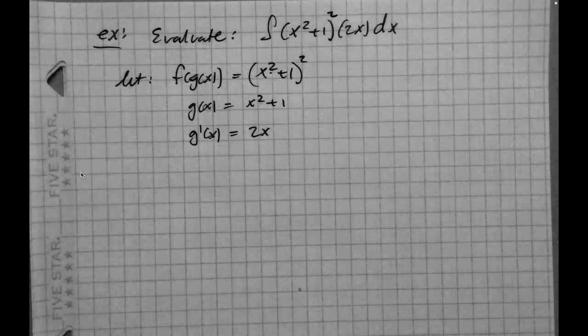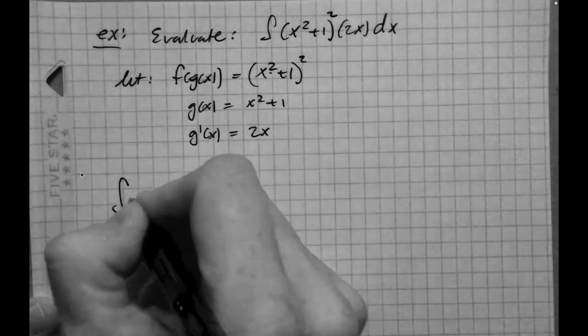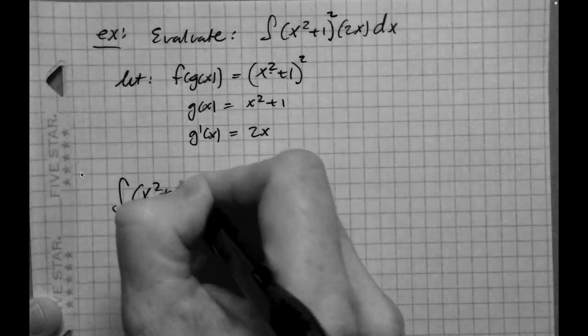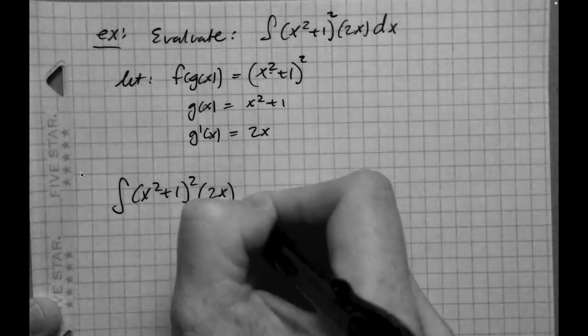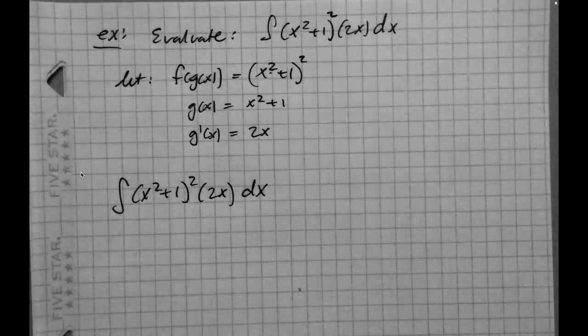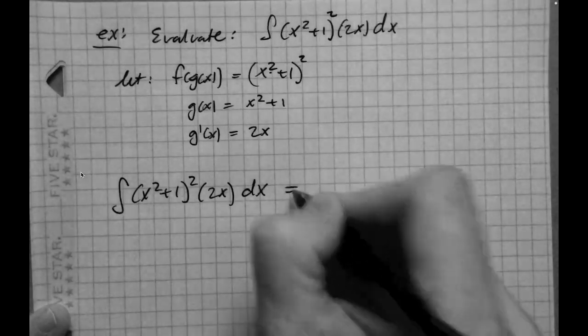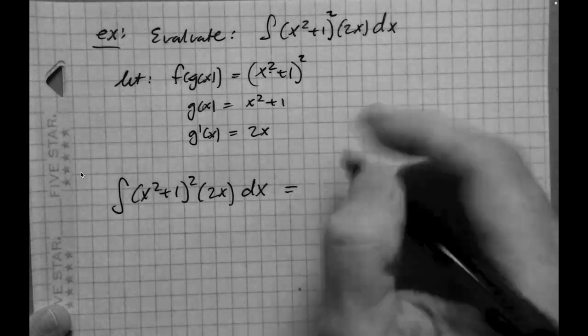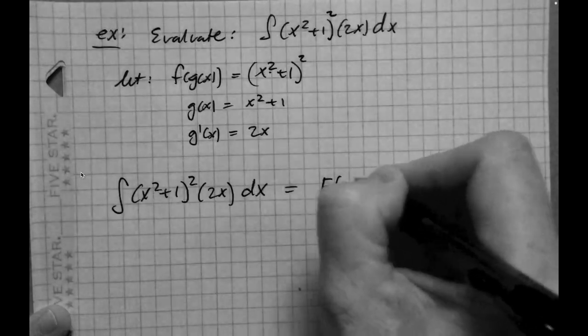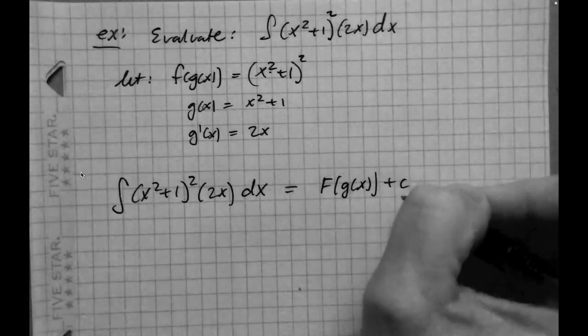Okay, so then what we need to do, right, so we've got our integral. Now, what did the theorem say? Well, the theorem said that this should be equal to f of g of x plus c.